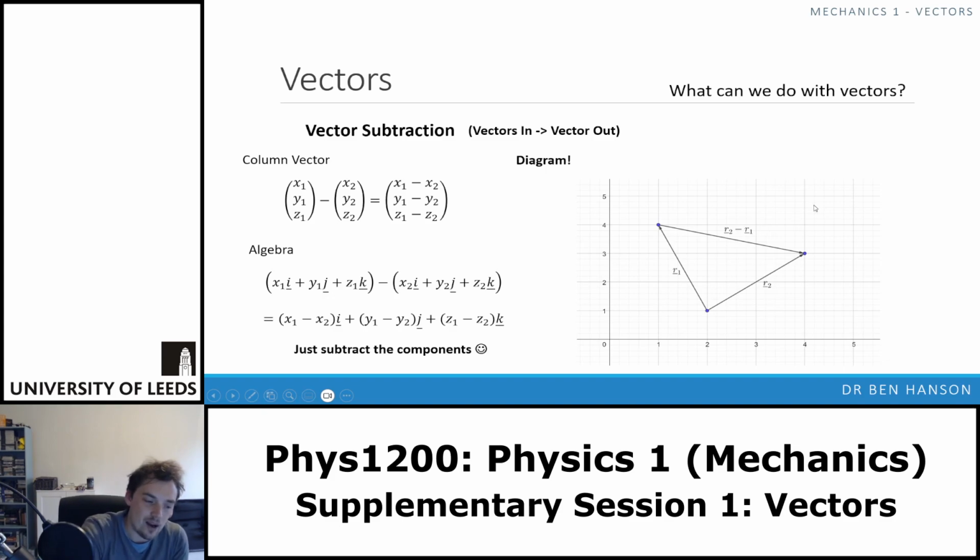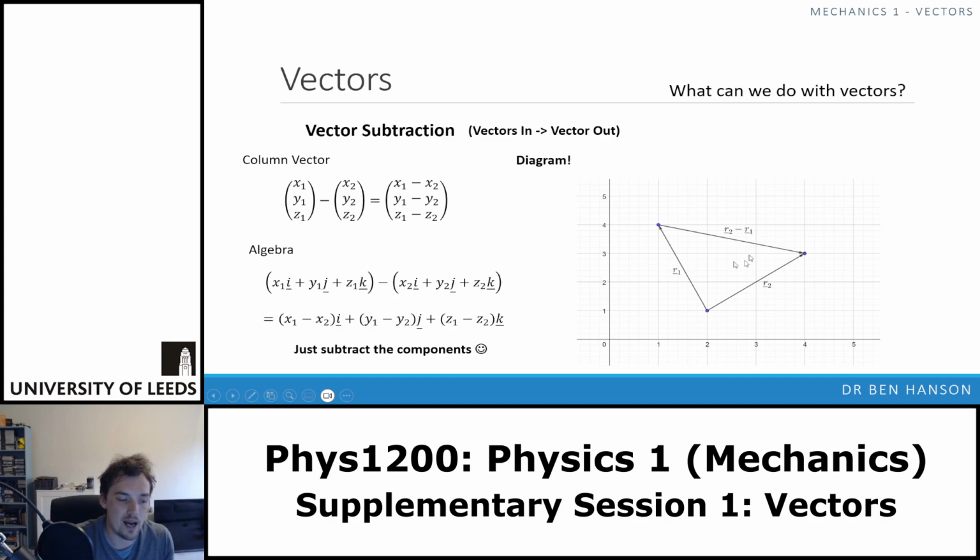That's quite an important way of thinking about it when you come to electromagnetism, because a charged particle might have a position vector, and another charged particle might have a position vector. Those two charged particles are going to interact somehow. They're going to attract or repel each other. And so that vector is going to be the important one. So R2 minus R1 goes from the end of R1 to the end of R2.